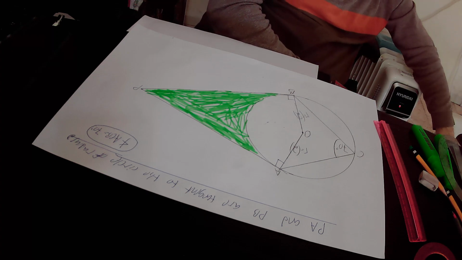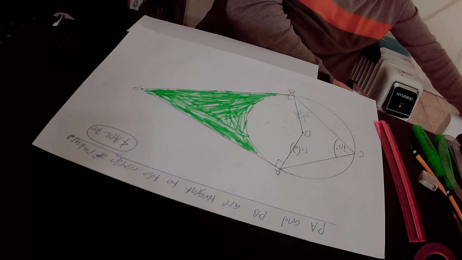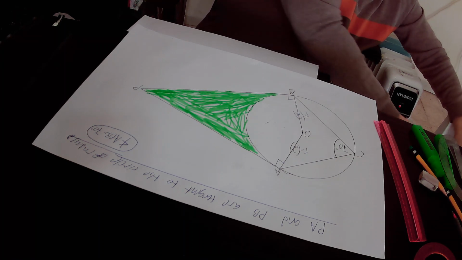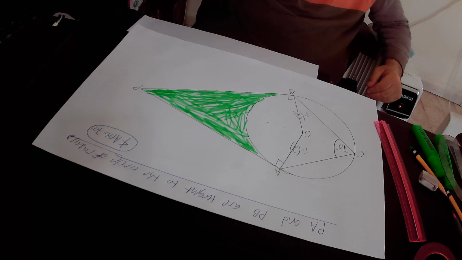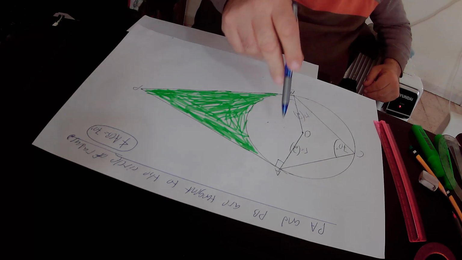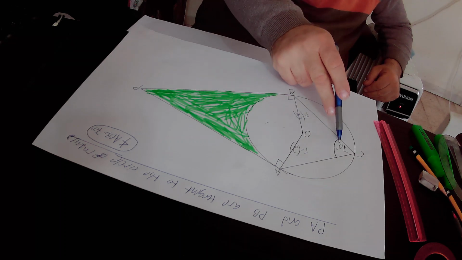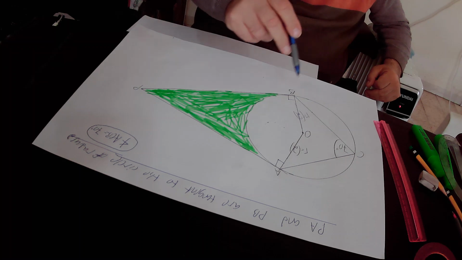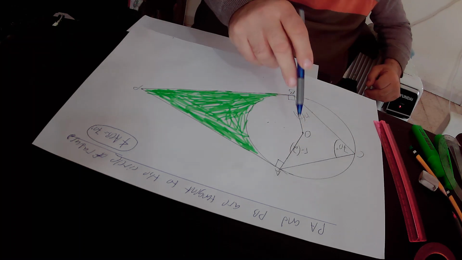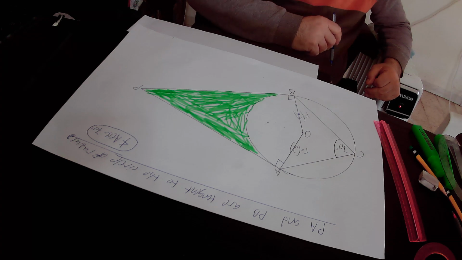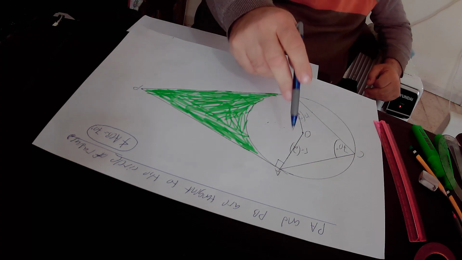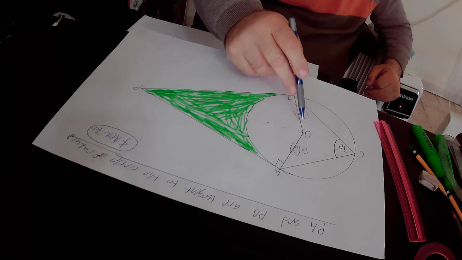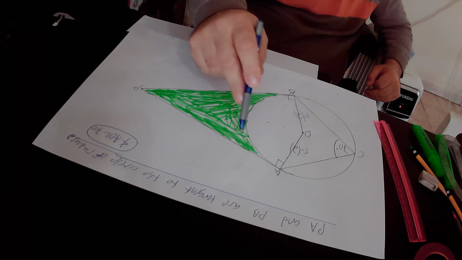Why? Because in our drawing, this is peripheral angle ACB, which is equal to 70 degrees according to what is given in the question. This peripheral angle ACB is subtended on arc AB. But we also have the central angle AOB. This is central angle AOB, subtended on the same arc AB.